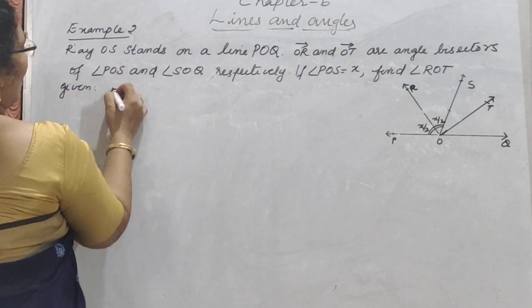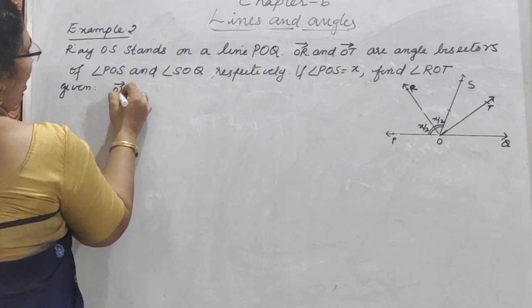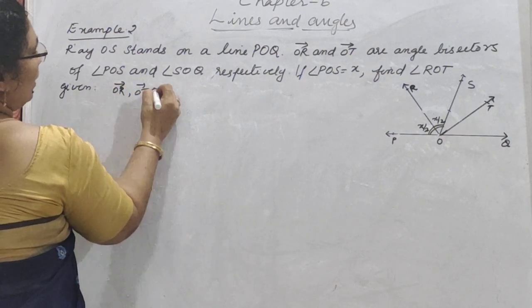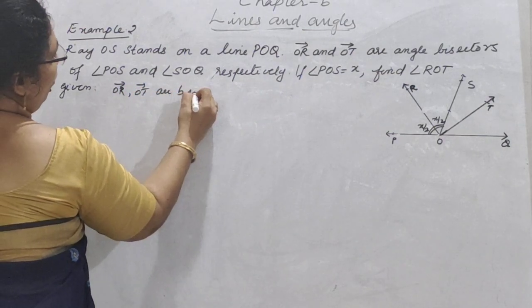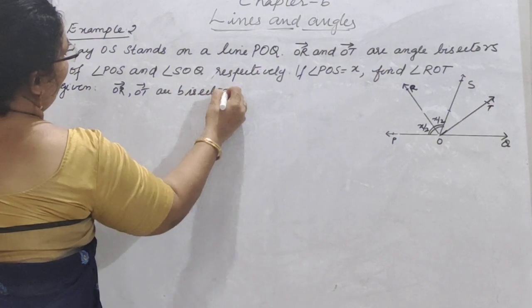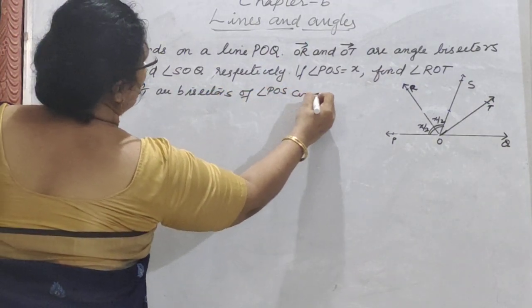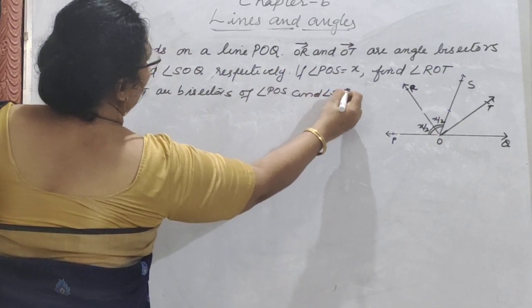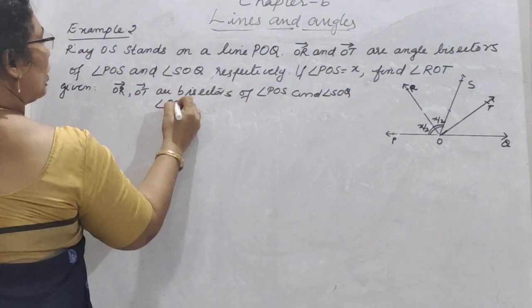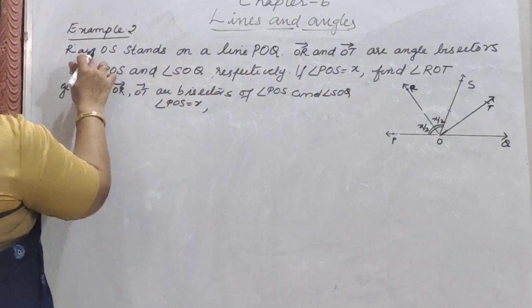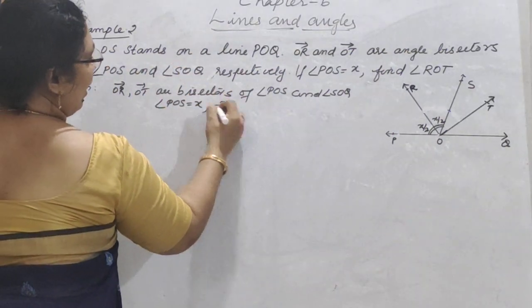We will write that rays OR and OT are the bisectors of angle POS and SOQ, and also given that POS equals x, moreover POQ is a line.